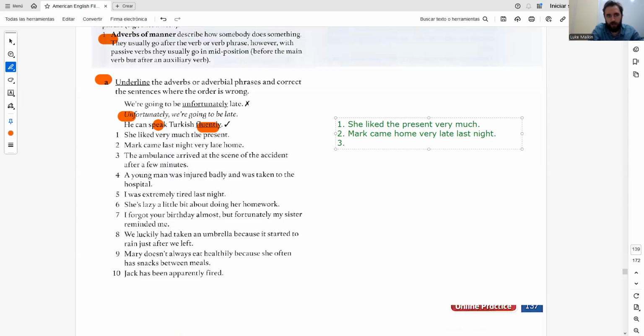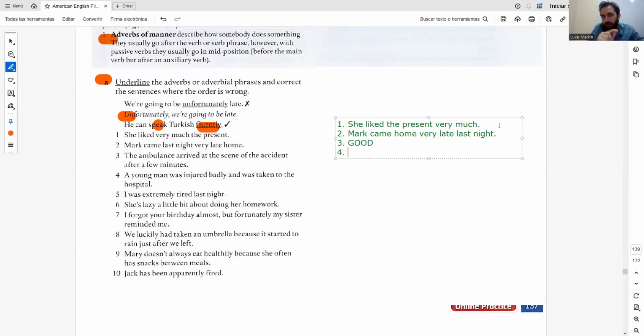Number 3, the ambulance arrived at the scene of the accident after a few minutes. This one is good. That's giving us all the information we need. Number 4, a young man was injured badly and was taken to the hospital. Yes, normally our regular adverbs are going to go after our verb, which here is injured.